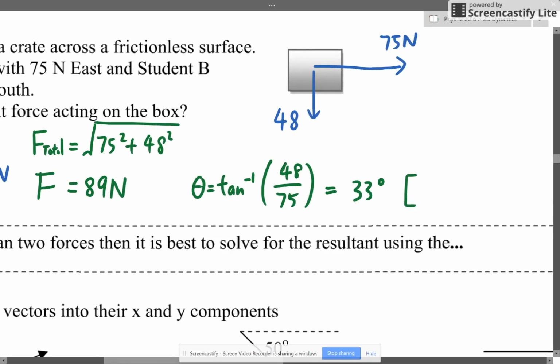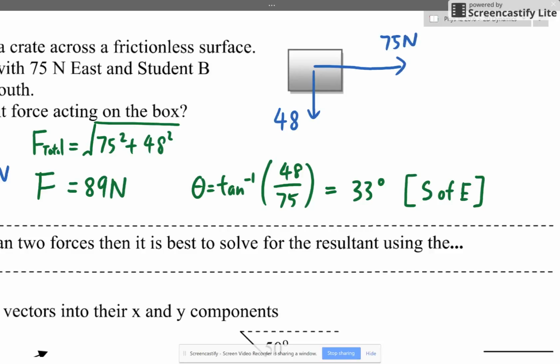So now we go back and look at the picture. It's touching east, and it's going towards south. So we call it south of east. Okay, so that is a very simple example of forces adding together, right?